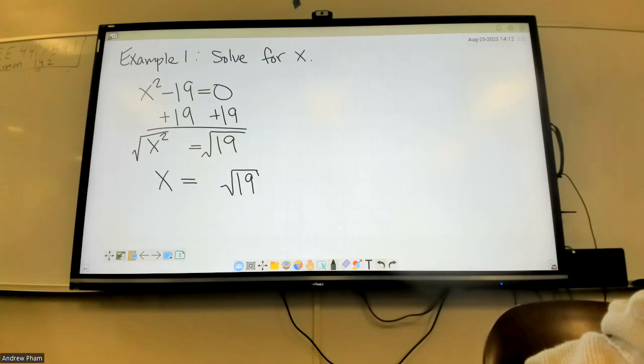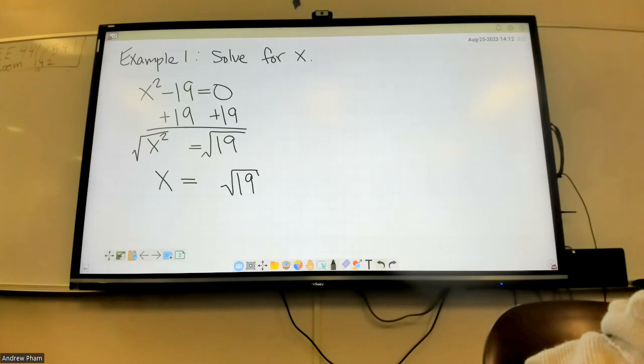Now, the next question I'll ask is there anything I'm missing from my final answer? Does anyone know what's missing from here? Square root of 19 is definitely a correct answer, but I'm claiming I'm missing one other answer.